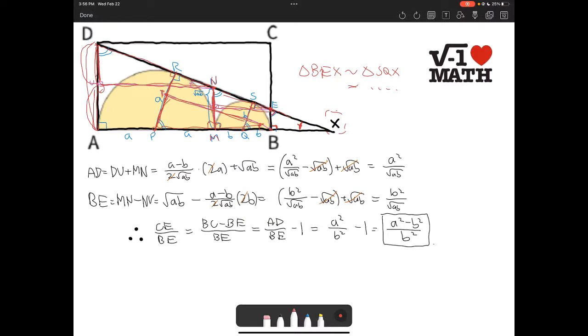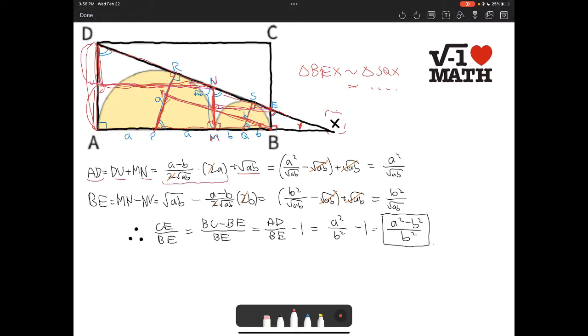DU, on the other hand, is equal to UN times PT divided by BT by similar triangles. So here we see AD is DU plus MN, and MN is just square root of AB, as we saw above.